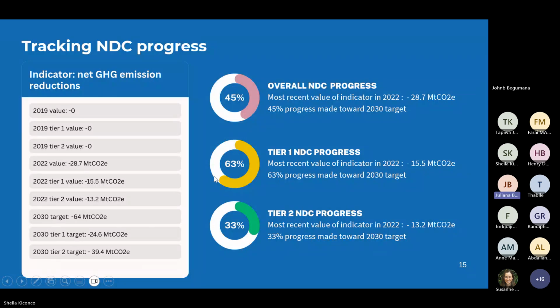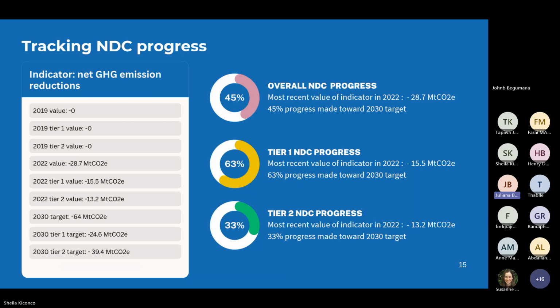So currently, after the time that we did the analytics, we realized that overall, the NDC progress that we have been able to achieve is about 45%, and we have been able to reduce our emissions by 28.7 million tons CO2 equivalent. And then how does it translate into both our tier 1 and then tier 2 NDC progress?